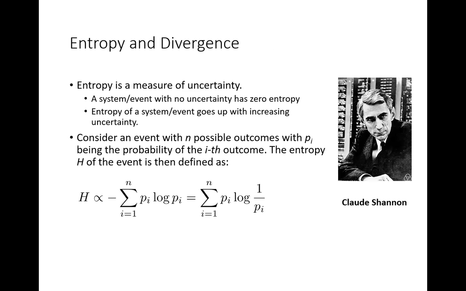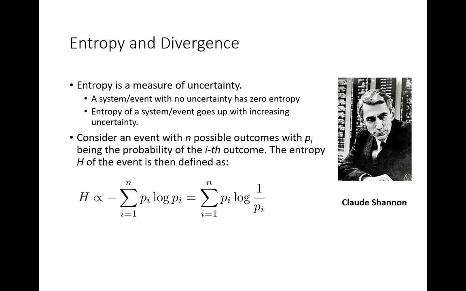And the idea of divergence is related to the idea of entropy, which I think I mentioned in one of the earlier lectures, but let us take a look at it again. So entropy is a measure of uncertainty. A system with no uncertainty has zero entropy.